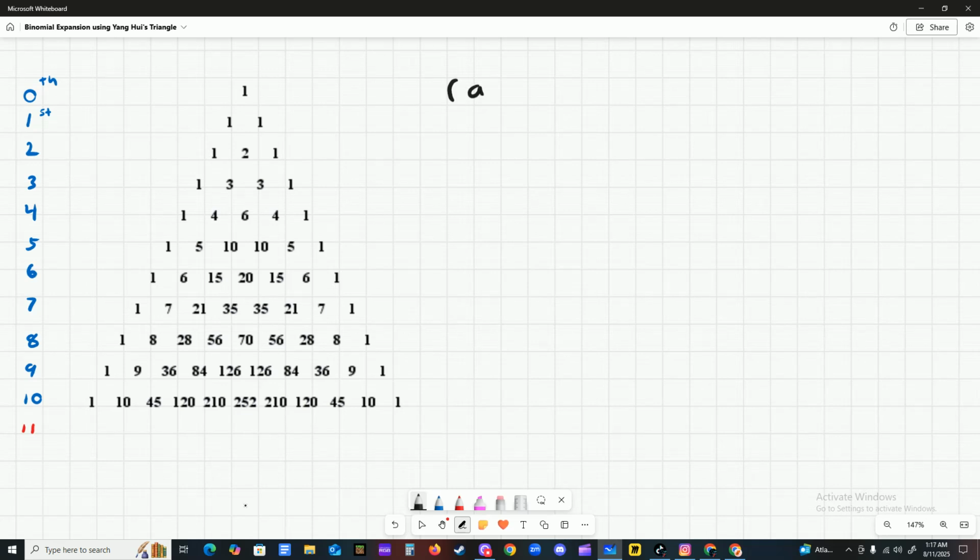Let's say I have, like my example, a plus b squared. Those of you probably know something called the FOIL method. So a plus b squared is the same thing as a plus b quantity multiplied by a plus b. So the way you do that is you use the FOIL method. F stands for first.